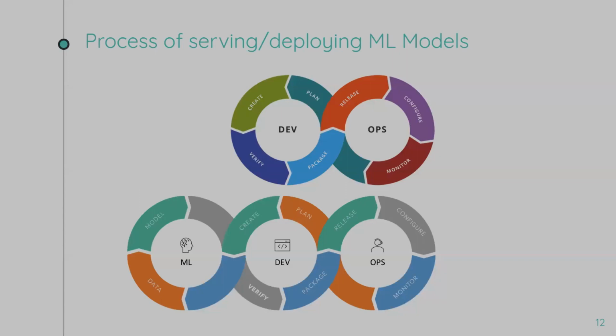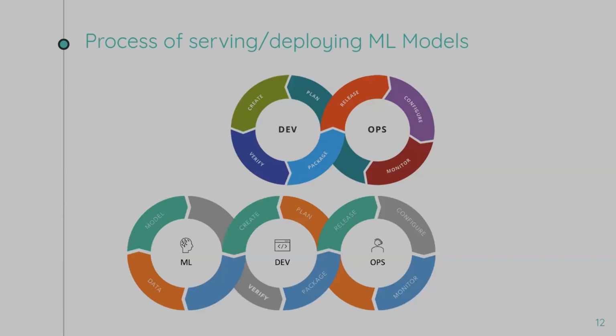So now that we know the difference, we also need to see the difference in the deployment phase. The previous speaker spoke about DevOps and MLOps a lot. You can see that machine learning adds a new cycle to the normal DevOps that we have. We now have the model and the data, and we need to combine them with the normal DevOps.